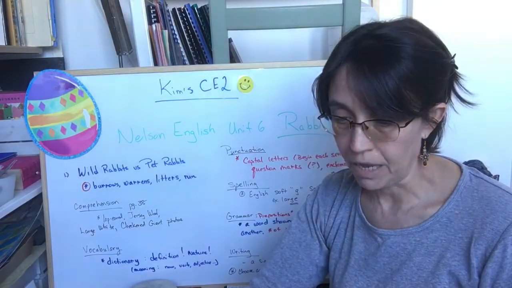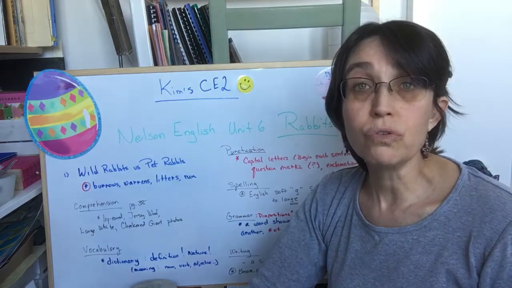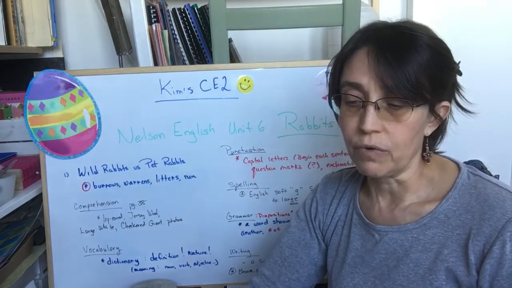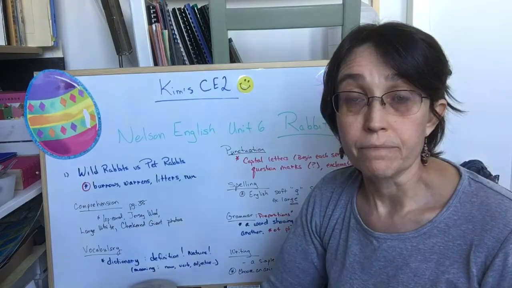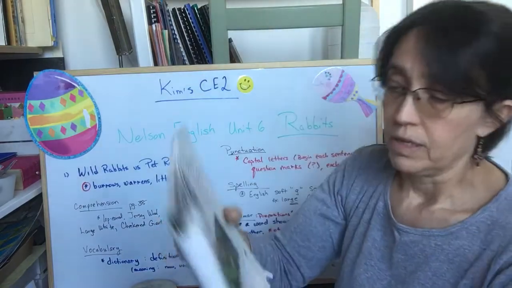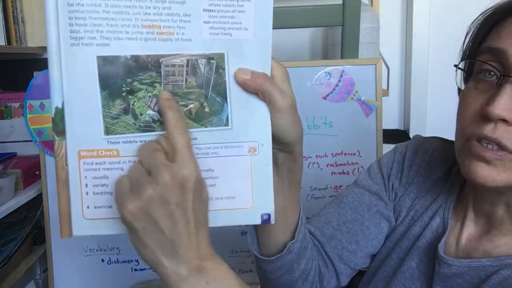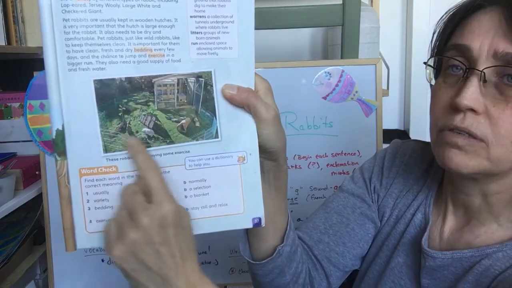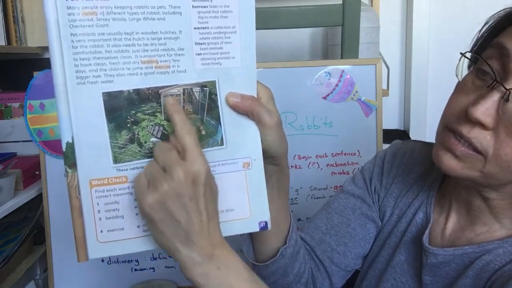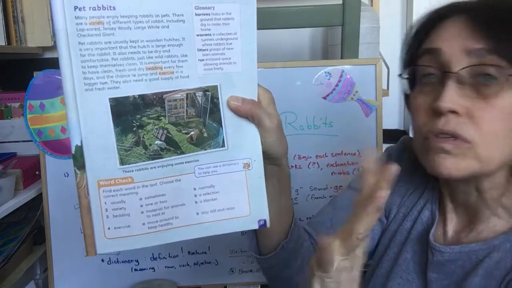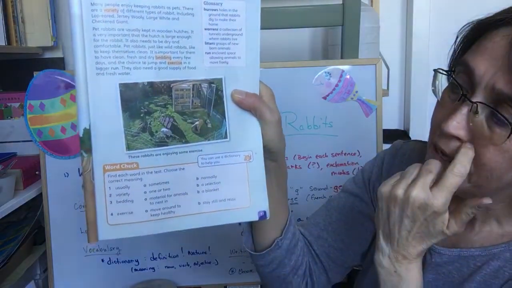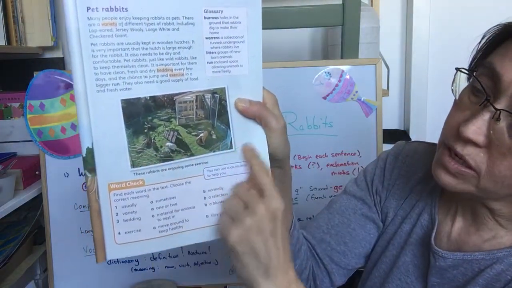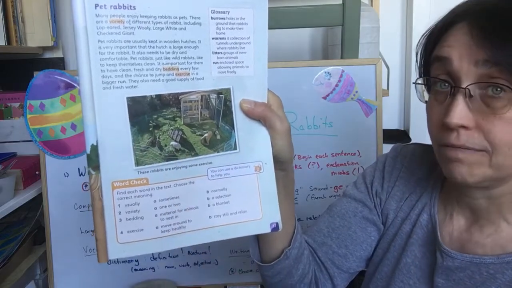A run is an enclosed space allowing animals to move freely. That's called a run. Now, in this picture, this is the run of a family's domestic or pet rabbit, and that's his hutch, or its hutch. I don't know. It doesn't say female or male. So these rabbits are enjoying some exercise. They need that every day.